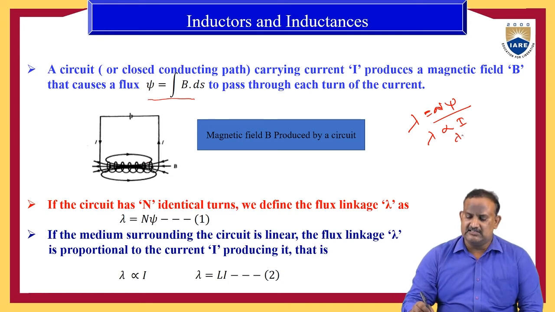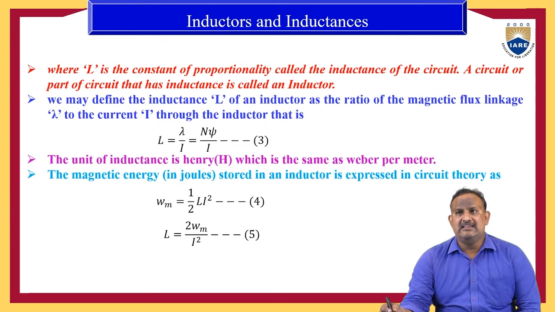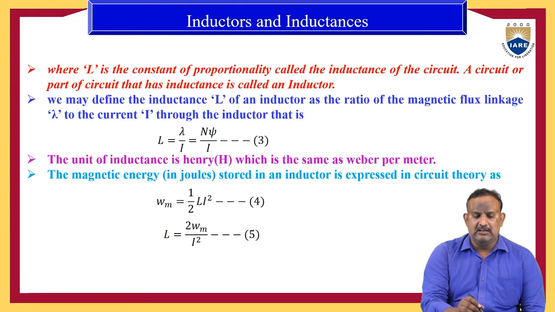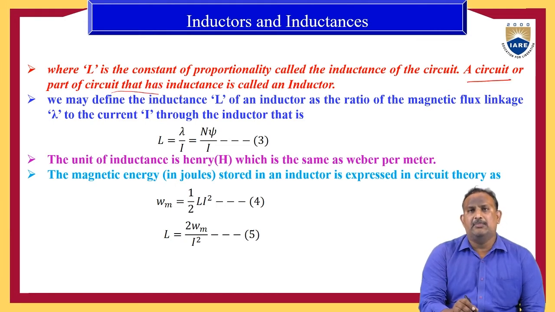Therefore, we can express it as lambda equals L into I, where L is the constant of proportionality, called the inductance of the circuit. A circuit or a part of a circuit that has inductance is called an inductor. I repeat once again, a circuit or a part of a circuit that has inductance is called an inductor.